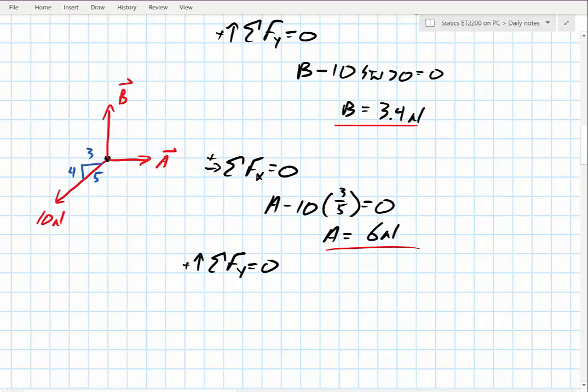Like I said, starting off fairly easy here, at least I think so. B going up minus the 10, the y component of that 10 Newton force is 4/5, is equal to 0. I'm getting a little sloppy with my units because this is just simple, chug it out type of stuff. But in the end, I still know that I haven't changed my units, so I'm still in newtons.